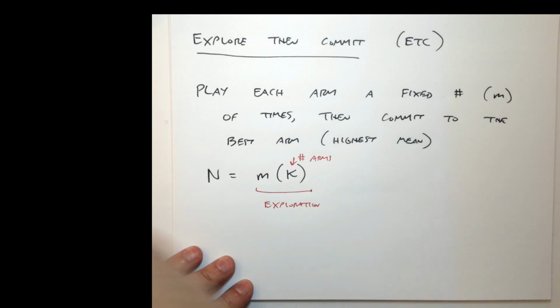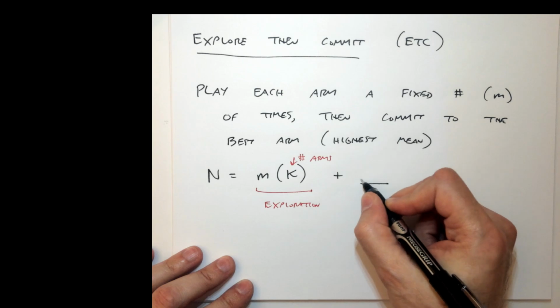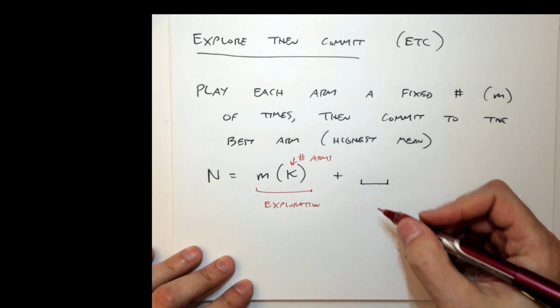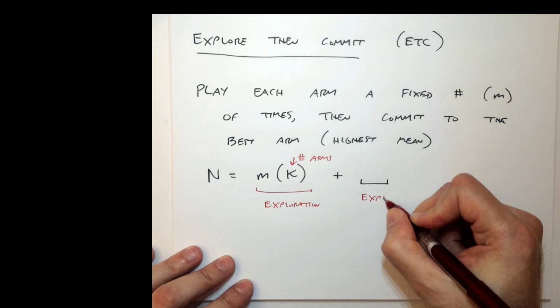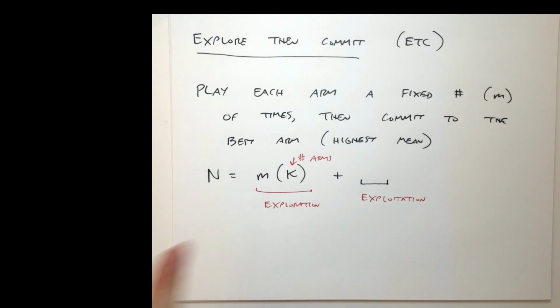And then the rest of it is basically the exploitation phase. So I'm using up M times K tries in exploring the space, and then whatever I have left over, I'm going to exploit, right? And so clearly, there's a big trade-off in how I should choose little m, right?